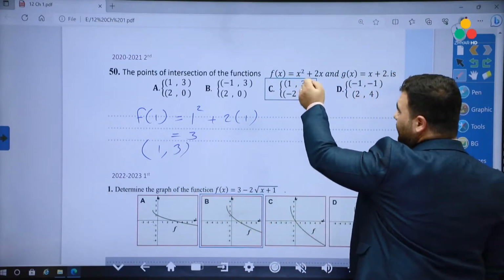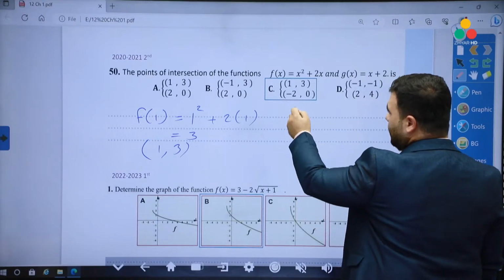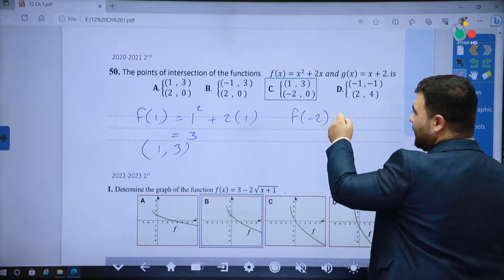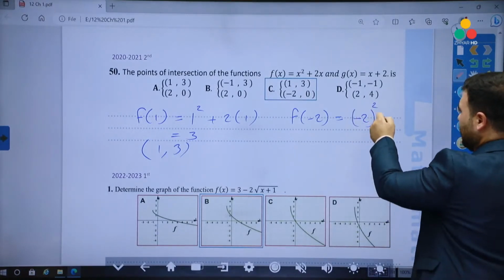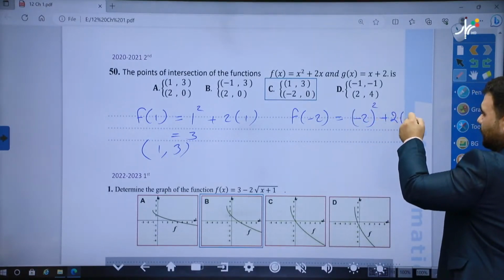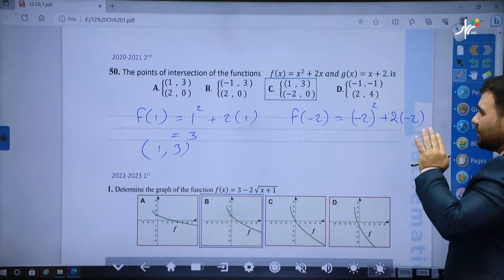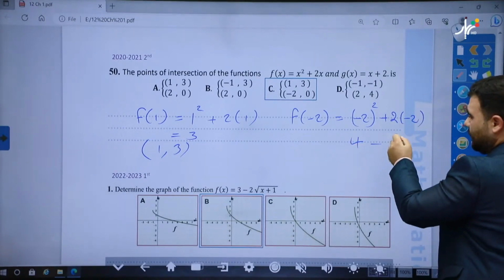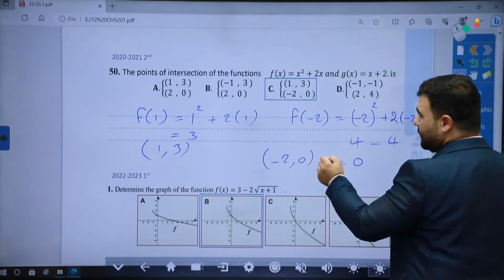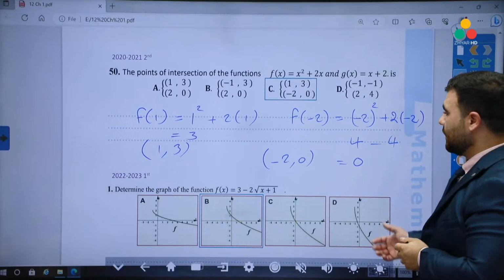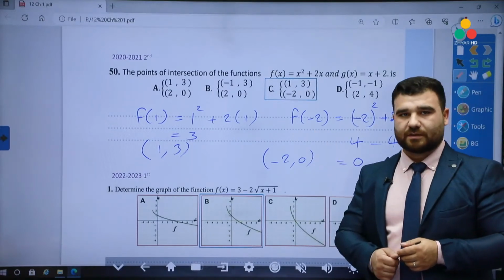When I put negative 2 in place of x in F, F of negative 2 is negative 2 squared, which is 4, plus 2 times negative 2. 2 times negative 2 is negative 4. I have 4 minus 4, which is 0. This means the point negative 2, 0 is also on F. Then C is the correct answer.